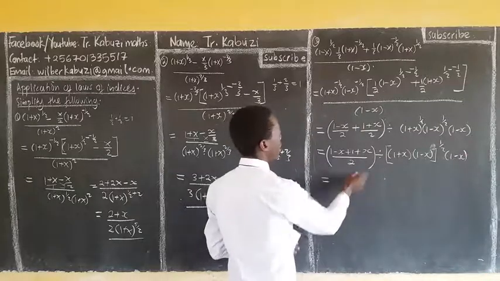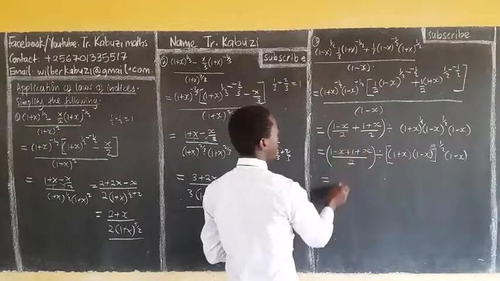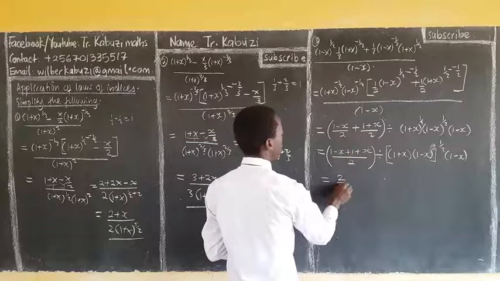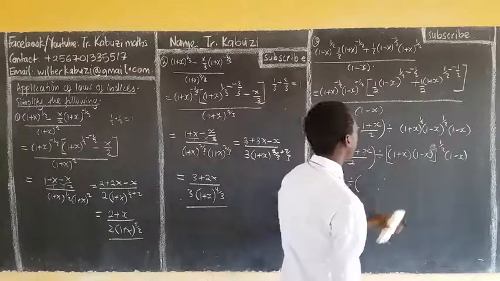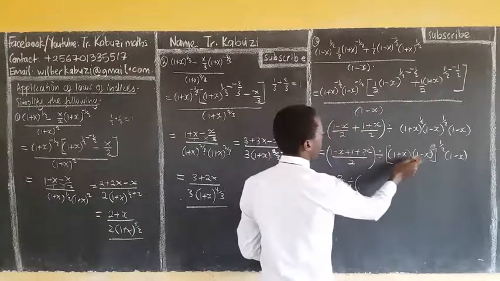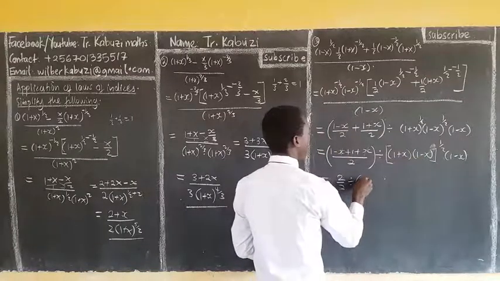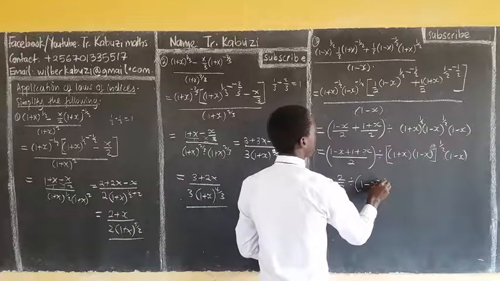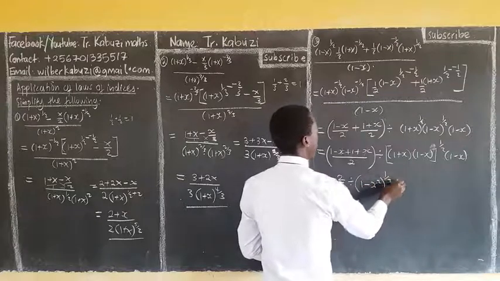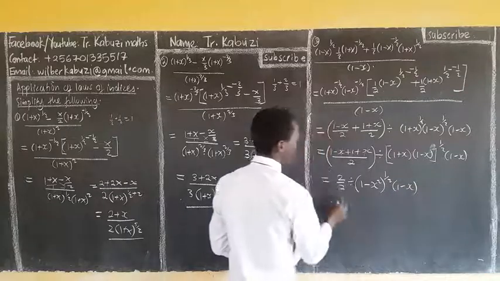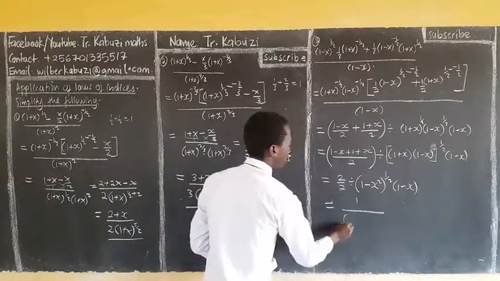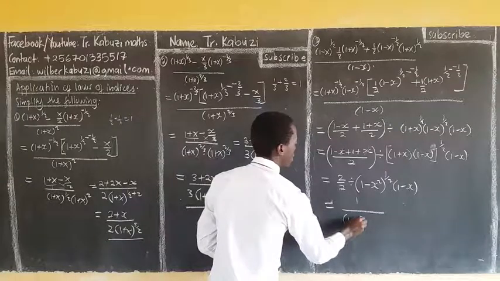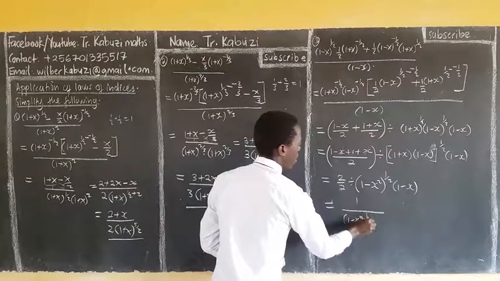So here, you start this answers, so we are having 2 over 2 divided by, when you simplify this, we shall be having the difference of 2 squares, which will be 1 minus x squared, the whole power half into 1 minus x. So this is 1, so we have 1 over 1 minus x squared, the whole power half.